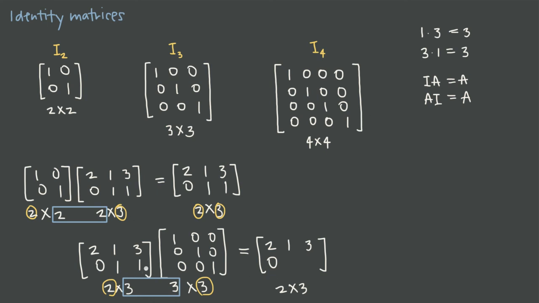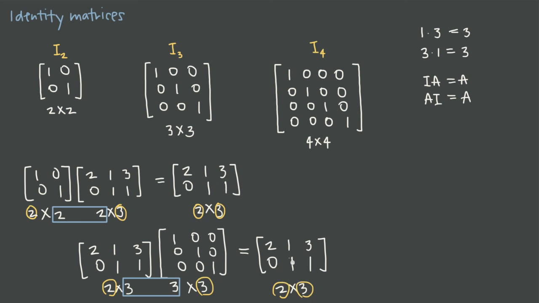And then the second row, 0, 1, 1, by the second column, 0, 1, 0. 0 and 0 is 0, 1 and 1 is 1, and 1 and 0 is 0. So 1 there. And then the second row by the third column, so 0 times 0 is 0, 1 times 0 is 0, and 1 times 1 is 1. So I end up with a 1 there. And so you can see how the dimensions 2 by 3 came directly from these.